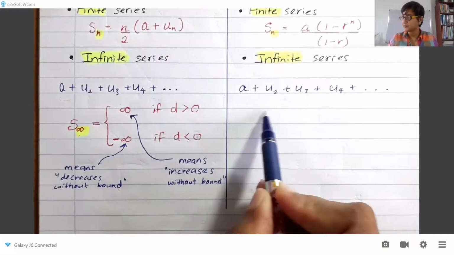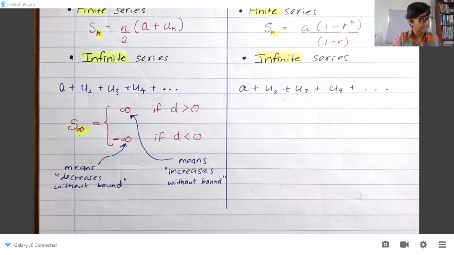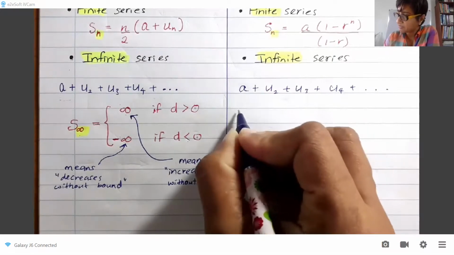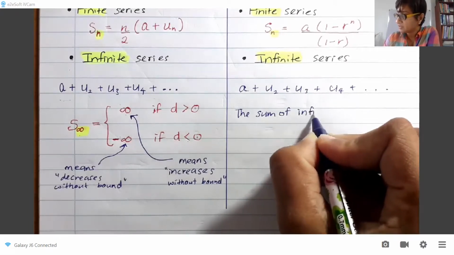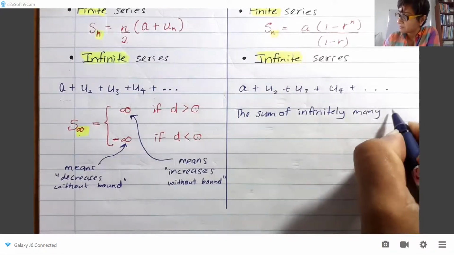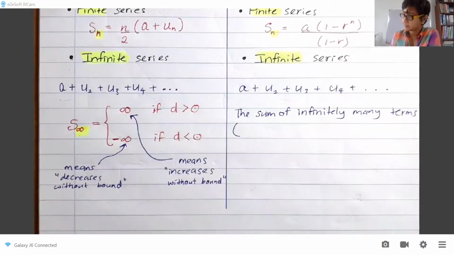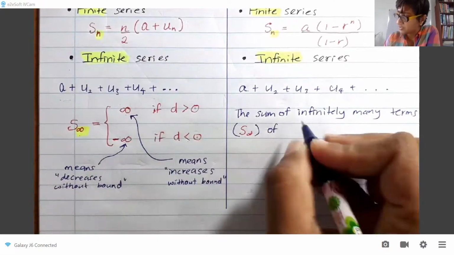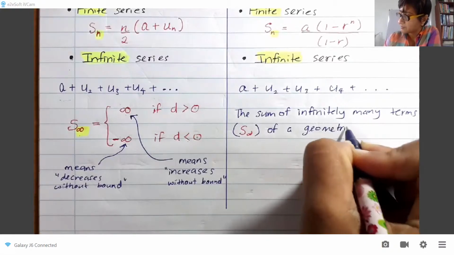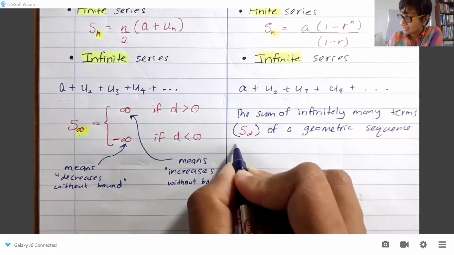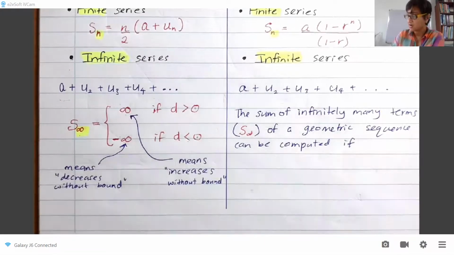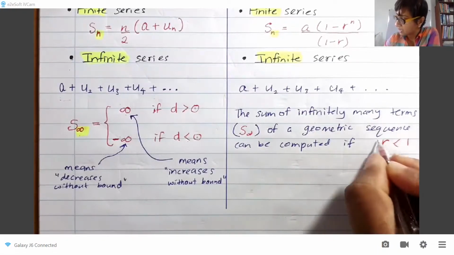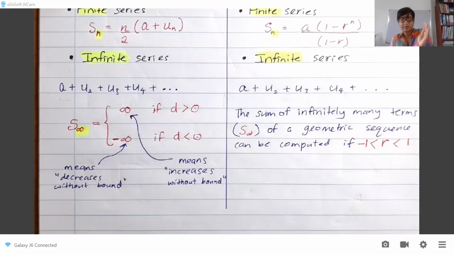Okay, so write a little sentence here. The sum of infinitely many terms, in brackets s infinity, of a geometric sequence can be computed, not always, can be computed if your r is between 1 and -1, less than 1, greater than -1.